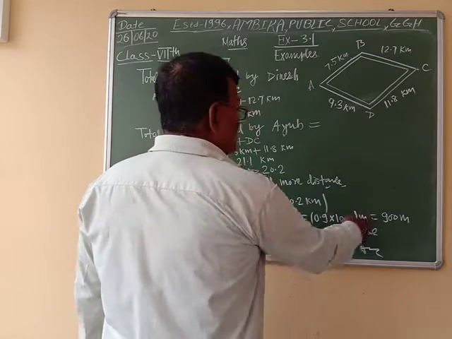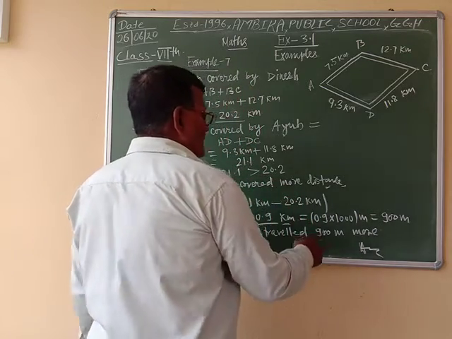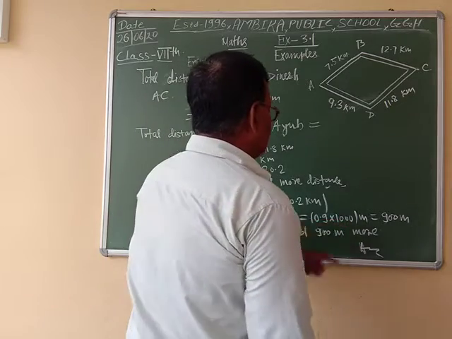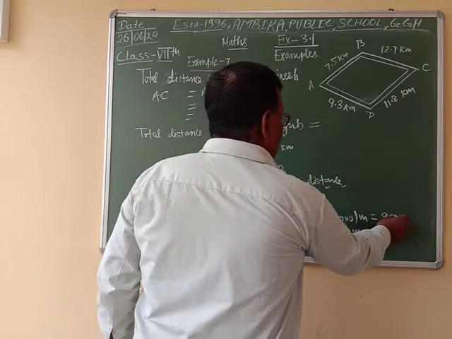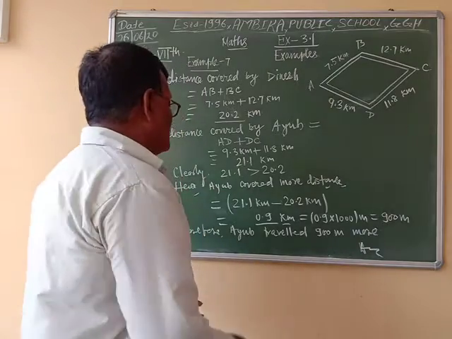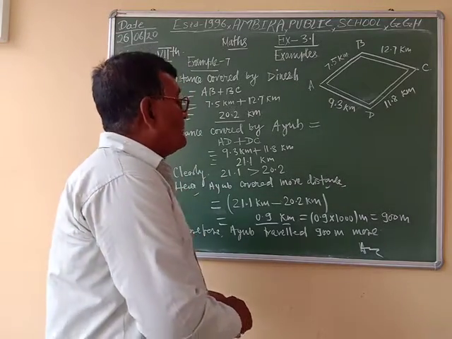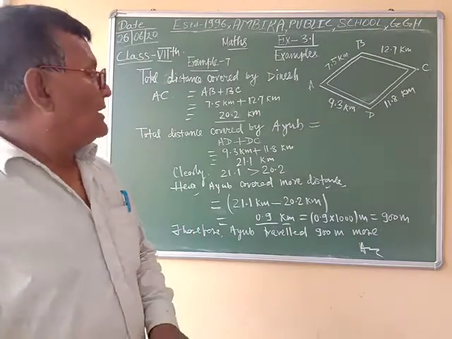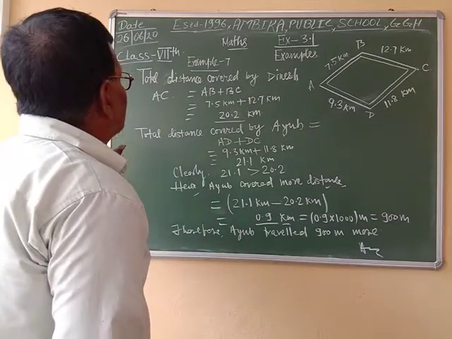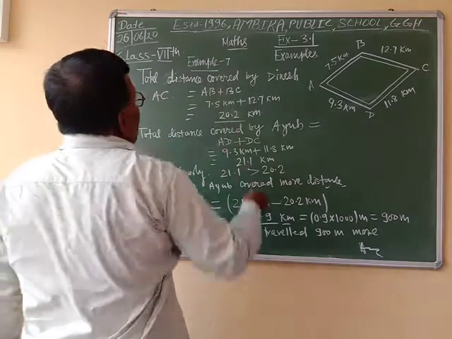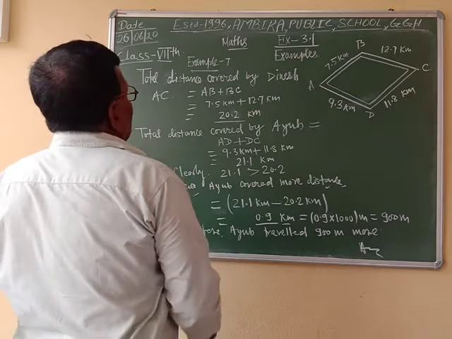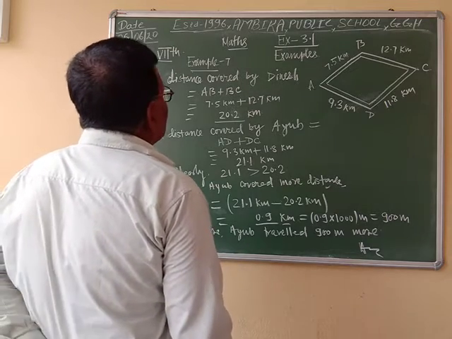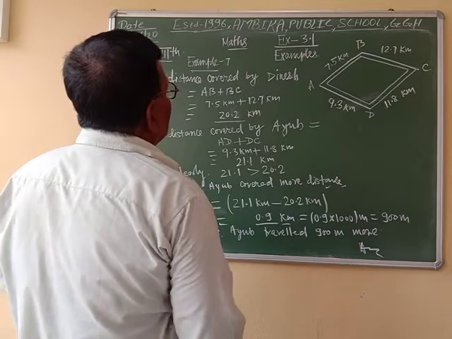Here we convert into meter, multiplying by 1000, is equal to 900 meter, and therefore Ayub traveled 900 meter more than Dinesh. Now this problem is example 7 of exercise 3.2.1.